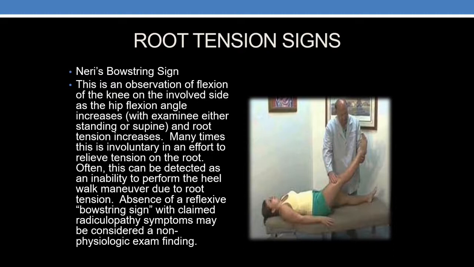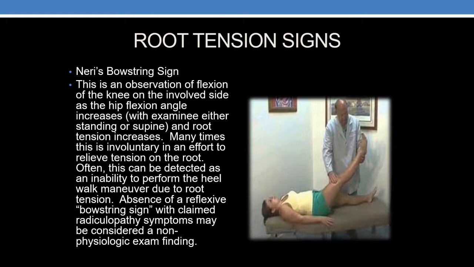And many times this is involuntary in an effort to relieve tension on the root, and it's an adaptive, accommodative behavior. It's reflexive. So how would Neary's bowstring sign manifest itself throughout the course of the physical exam?